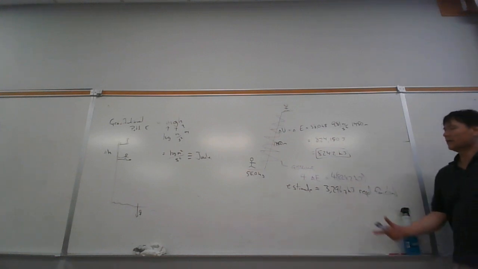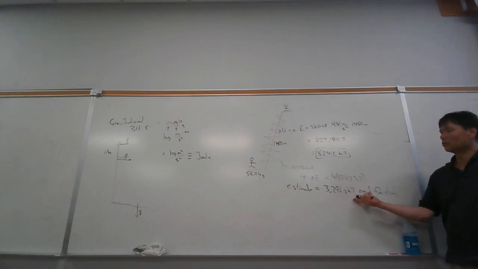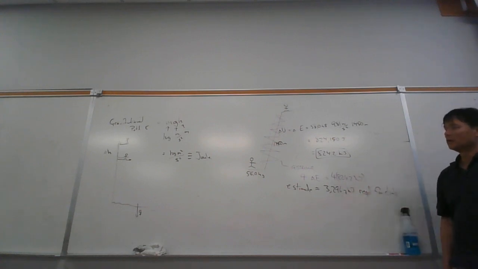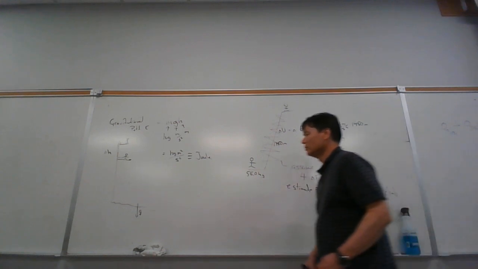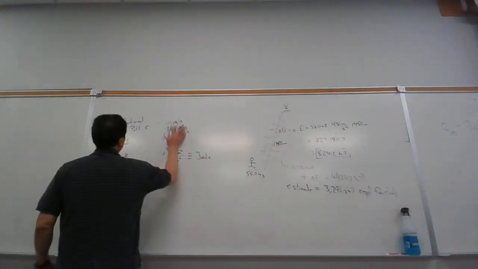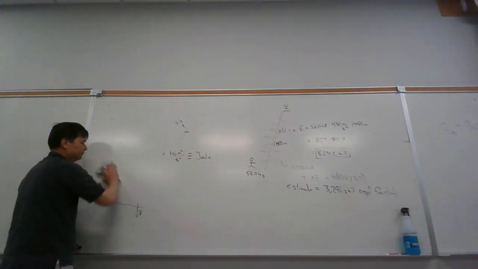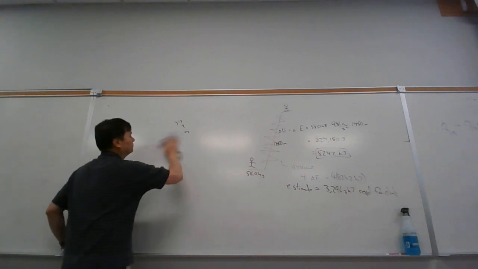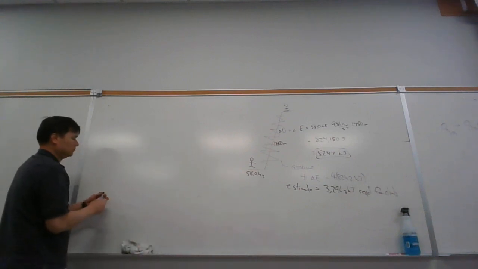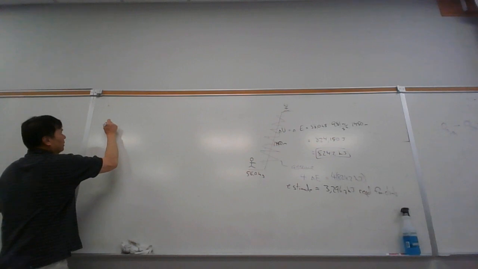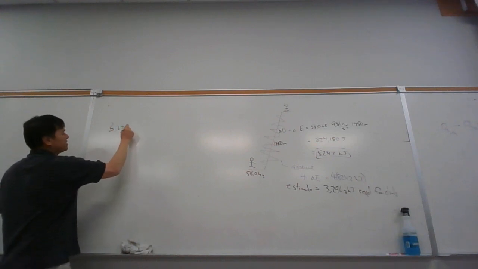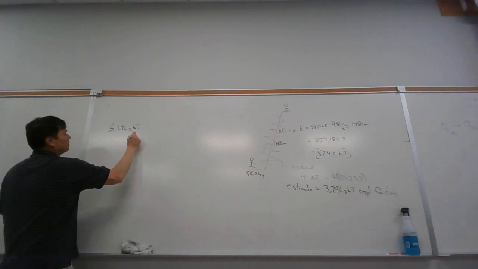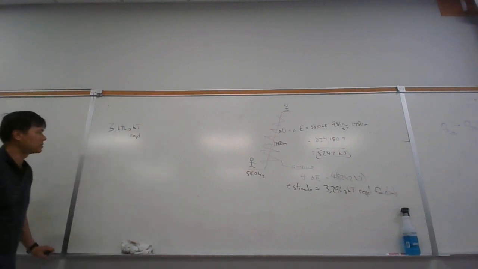Okay, so this is a standard. If we require this many kilojoules, how much glucose do we need to consume? And so 3,296.7 kilojoules required. That's how much energy is required for this climb.